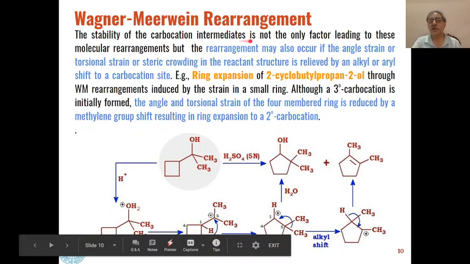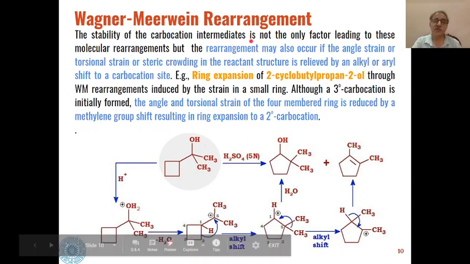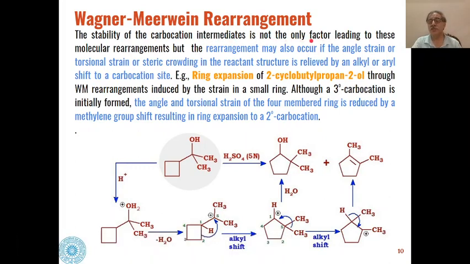Then, stability of the carbocation intermediate, which we have seen in the last few examples, is not the only factor leading to these rearrangements. These rearrangements may also occur to relieve the angle strain or torsional strain or steric crowding in the reactant structure. So to relieve any of these strains, the alkyl or aryl migration takes place.